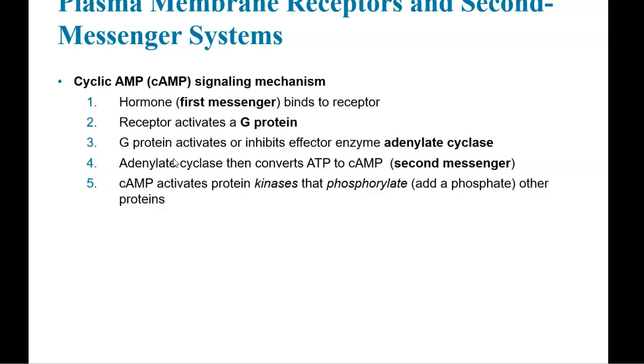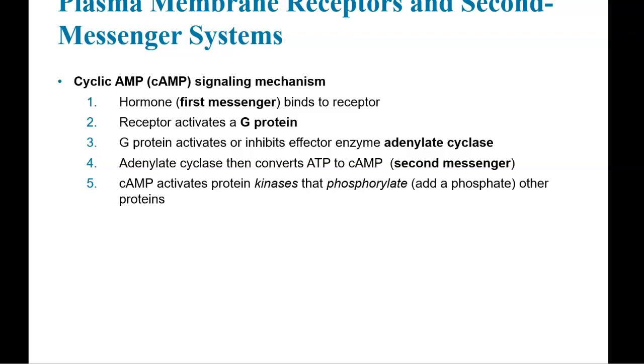For the cyclic AMP signaling mechanism, that starts with a hormone, which is considered to be the first messenger, and that's going to bind to a receptor. And then the receptor is going to activate a specific protein called the G protein. And that G protein is going to activate or inhibit the effector, which is going to be an enzyme called adenylate cyclase.